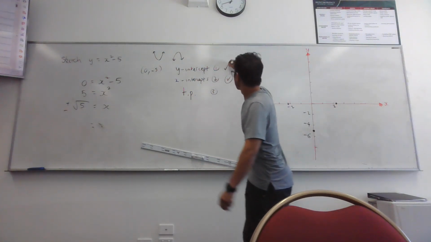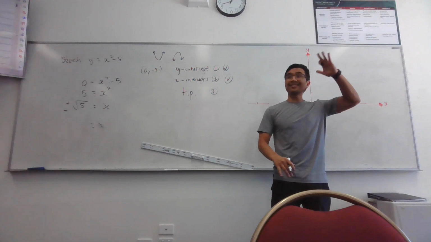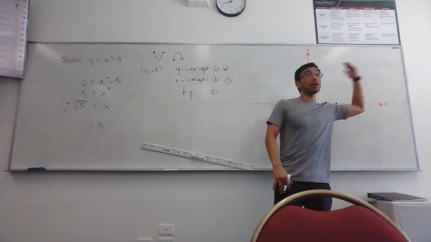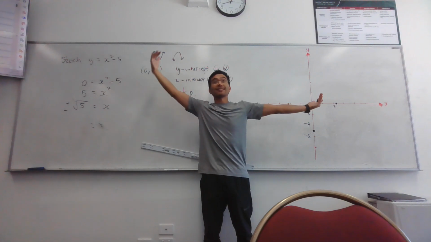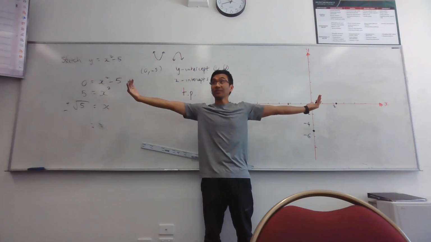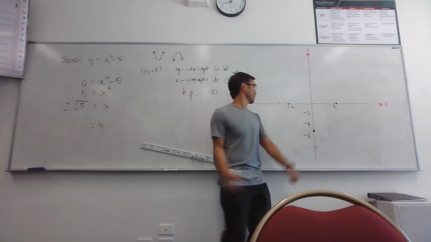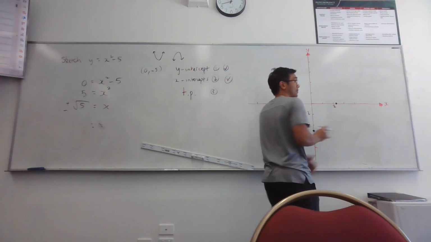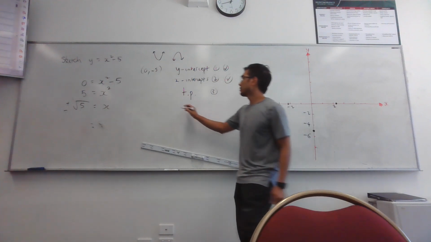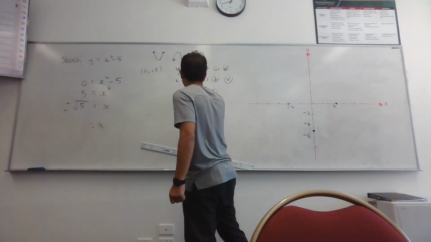I wanted a turning point, but if my x-intercepts are equally right and left of 0, where's the turning point going to sit? On the y-intercept. Right here. Our turning point is at 0, -5.